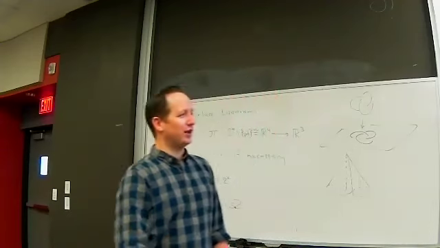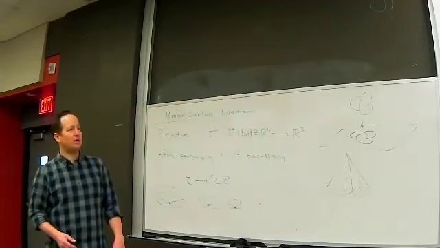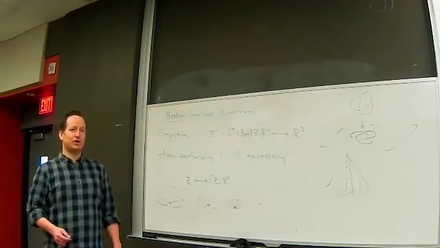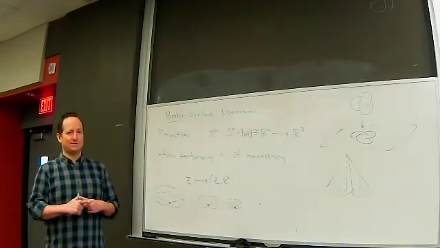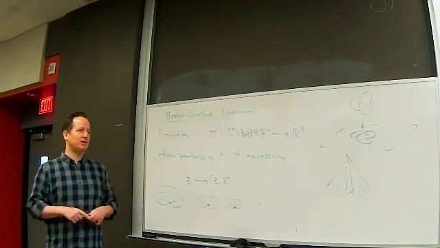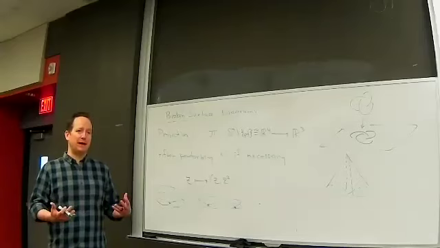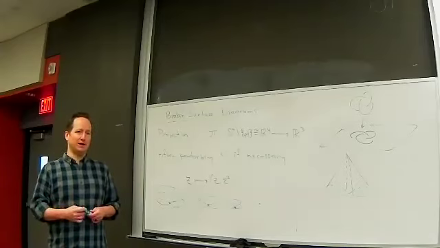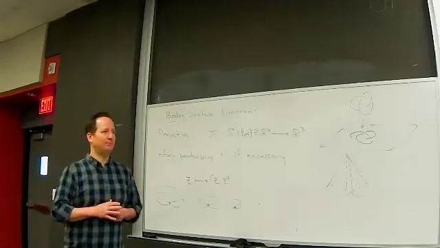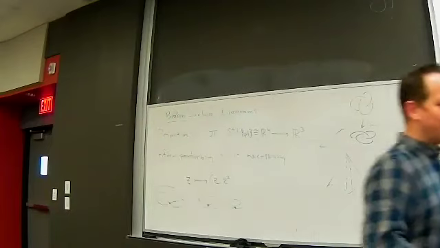A dimension down, if you're an immersion, you can only have transverse double points. Whereas once you go up a dimension, there are a lot more ways that something can fail to be a local embedding while still being an immersion. Okay, good question. Any other questions, comments?